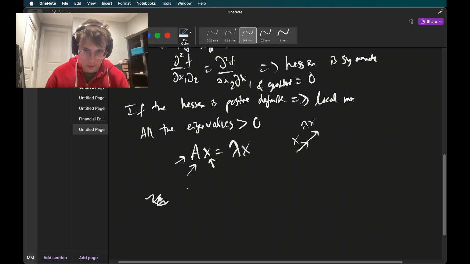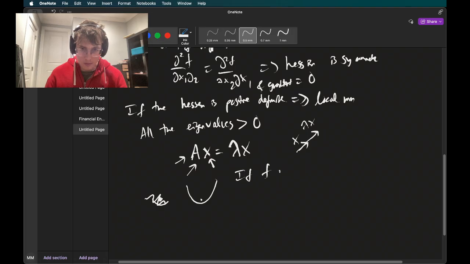So if we have a bowl in the multi-dimensional case that we expect the local minimum to be, if f is nice enough, then we can do a Taylor expansion in a neighborhood around the point.